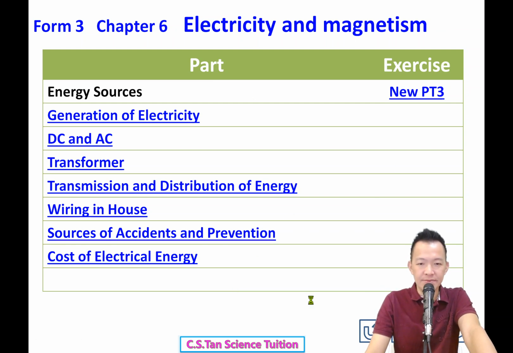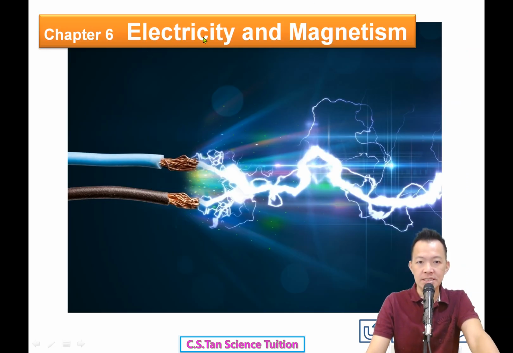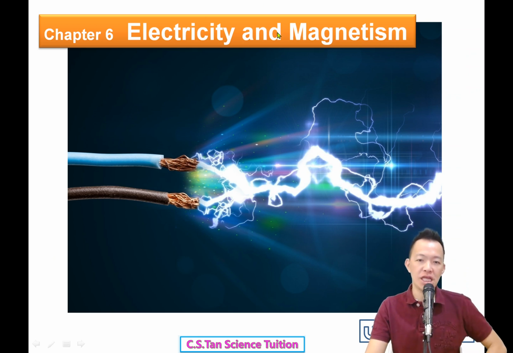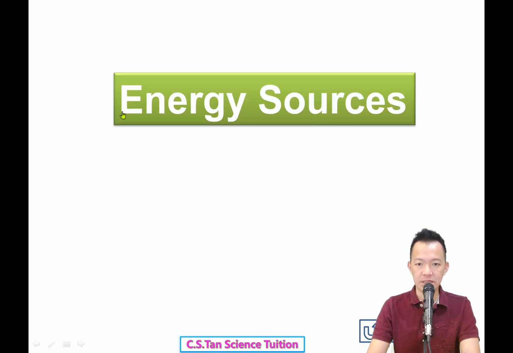Electricity and Magnetism. Chapter 6, Electricity 电 and Magnetism 磁铁, 电和磁铁. But before I start the title called Electricity and Magnetism, we have to start another small title first: Energy sources 能源. Why do we talk about energy sources?